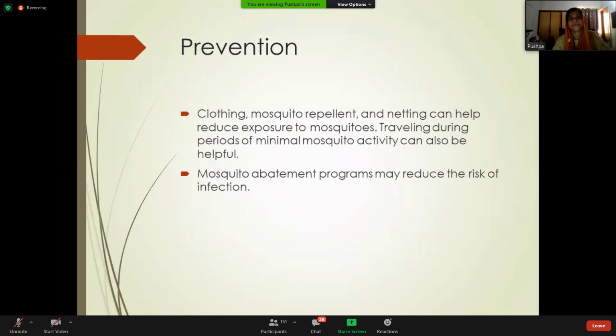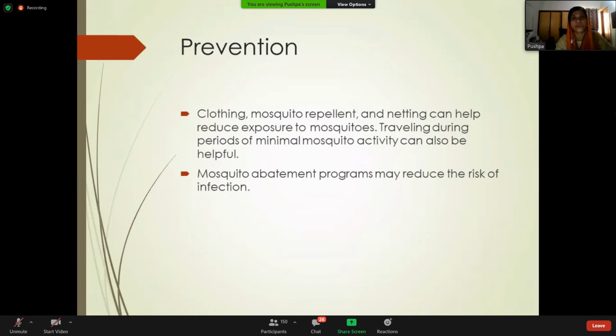Prevention is always, as they say, better than cure. So proper type of clothing is required, that is full sleeve, when you are going to areas where dengue is prevalent. The use of mosquito repellent, different solutions are available which can be used.